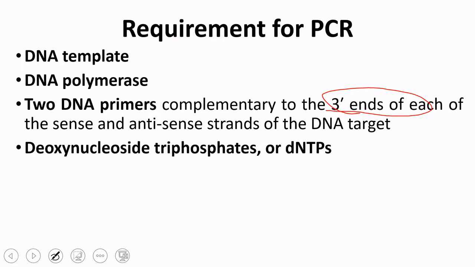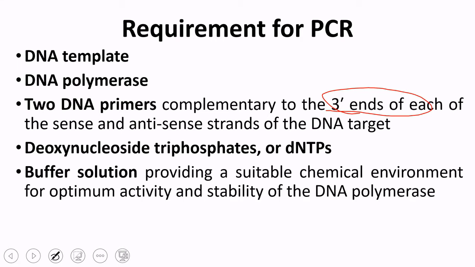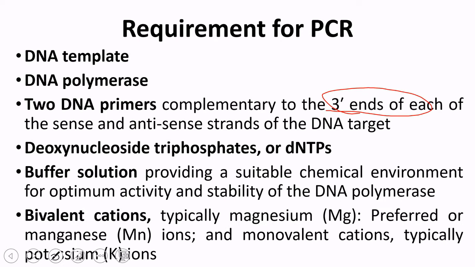Then we require four types of deoxyribonucleotide triphosphates, dNTPs. We require a buffer solution which provides a suitable chemical environment for the DNA polymerase to elongate. And then we require bivalent cations, typically magnesium ions preferably, or sometimes manganese, and sometimes others.